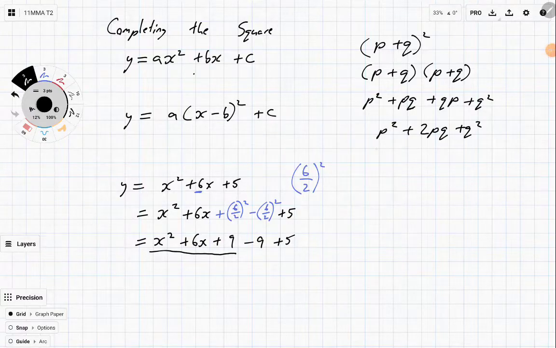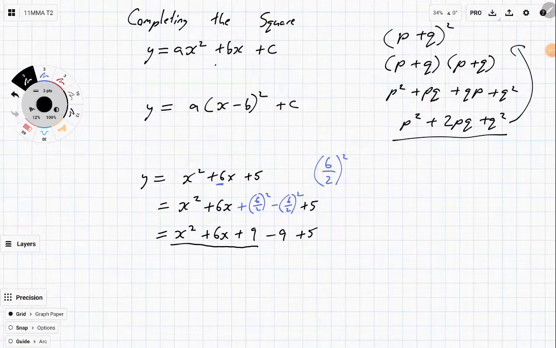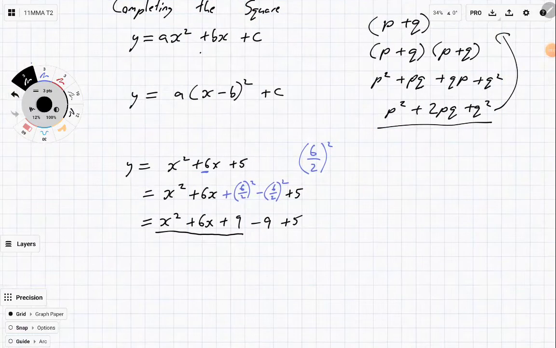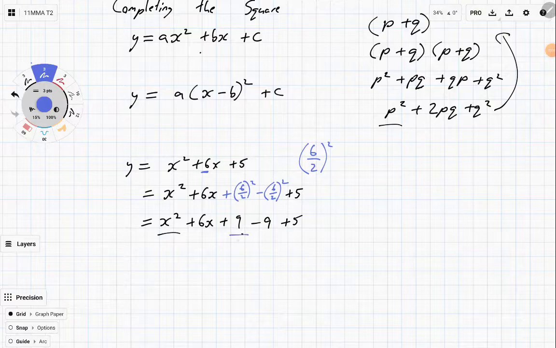They actually fit this pattern, which means that we can go straight from this pattern back to the top, like when we're doing difference of perfect squares. Just to clarify that really quickly, we've got a squared term, we've got a squared term, and in the middle, we have 2 times p times q. 2 times x, this would be 2x, times 3, which was the 6 on 2 that we got from before, is 6x.